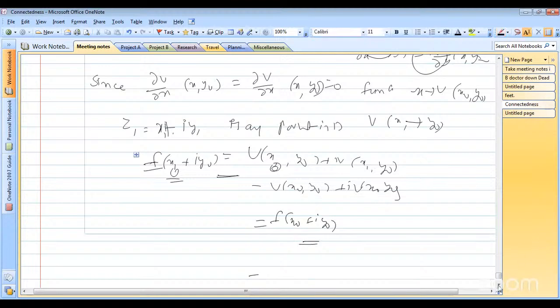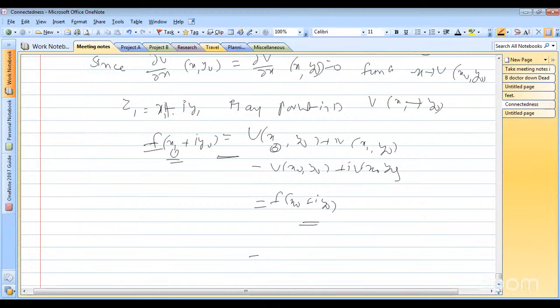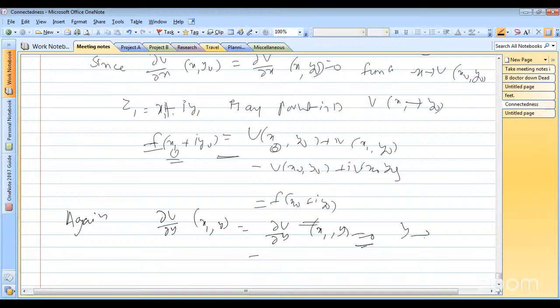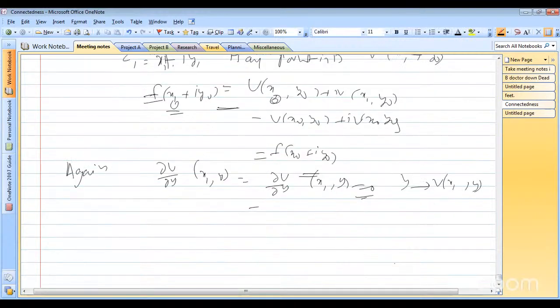Again, since ∂u/∂y at (x1, y) we are taking here is also 0, u(x1, y) is constant. So therefore u(x1, y) is also constant here.